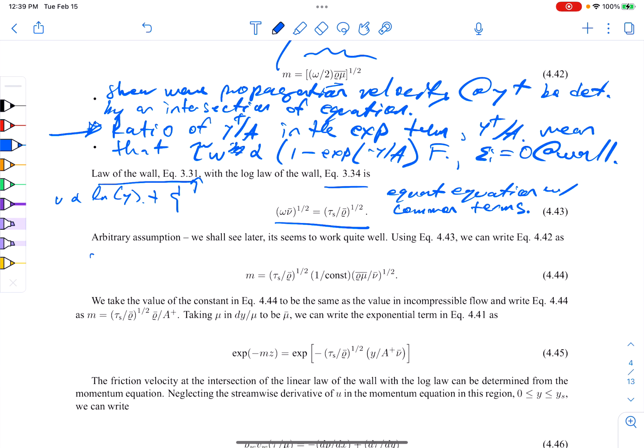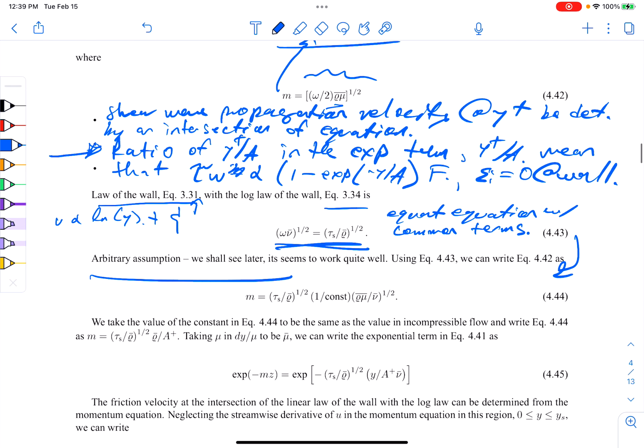And this log law region, this equation of terms, is just as kind of lazy as the dimensional analysis term of Van Driest. And now we can basically rewrite 4.43 as 4.44 with our definition of m up here. So we take 4.42 and 4.43 and combine them, and now we have this definition of m.